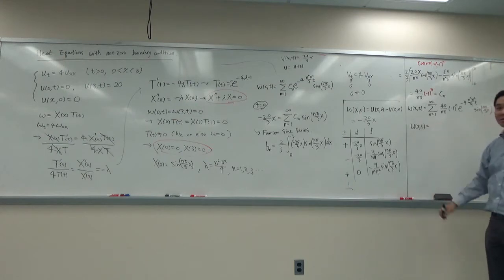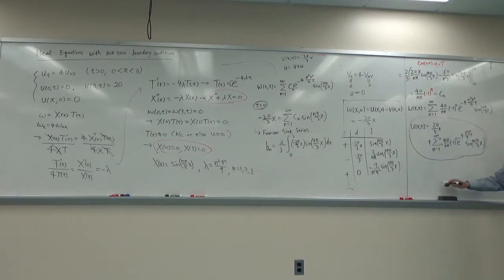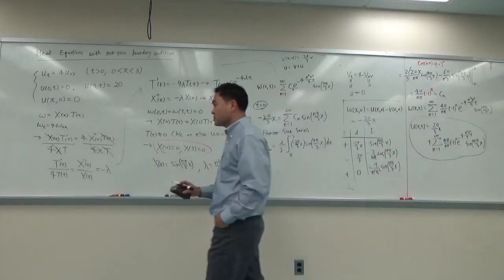So what is u of x, t then? 20 over 3x plus W of x, t. So that's the answer.